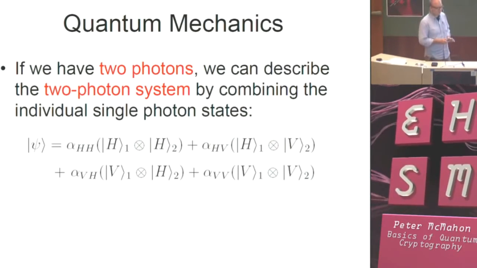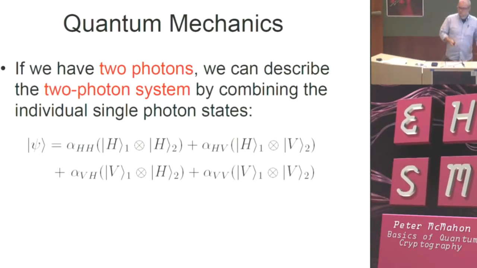The most general way you can describe the polarization state of two photons is the following: the state of the two-photon system is described by an amplitude for the first photon being horizontally polarized and the second photon being horizontally polarized, the first photon being horizontally polarized and the second photon being vertically polarized, the first photon being vertically polarized and the second photon being horizontally polarized, and finally the state where the first photon is vertically polarized and the second photon is also vertically polarized.